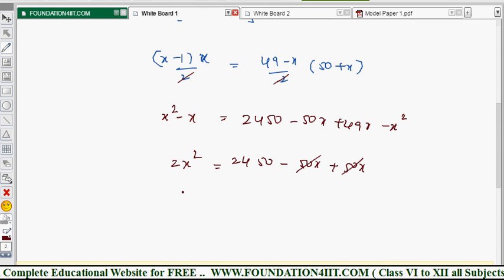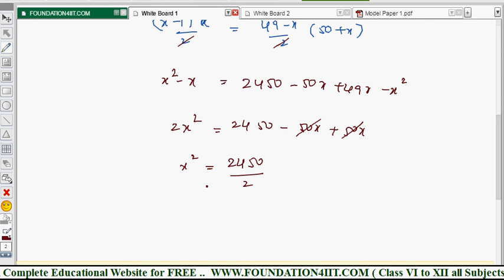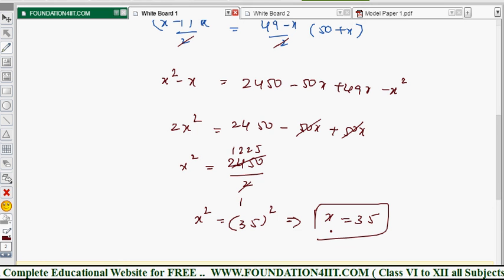Then 2x square is equal to 2450. Then x square is equal to 2450 divided by 2, which is 1225. If x square is 1225, we know that 35 square is 1225. Therefore x is equal to 35. Okay, x is 35. So the required house number is 35.